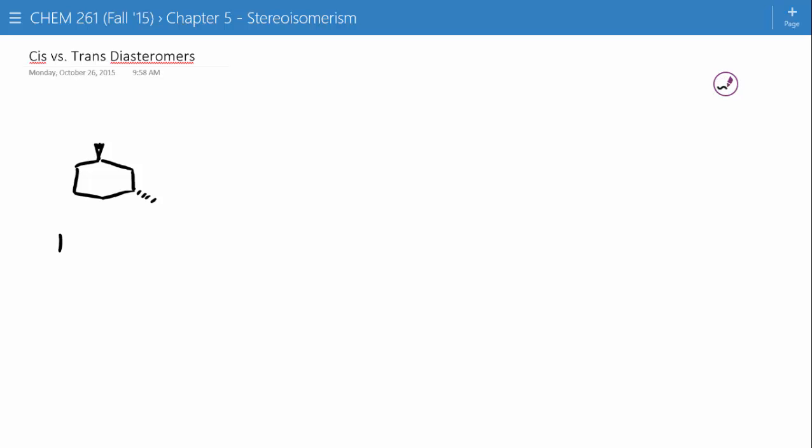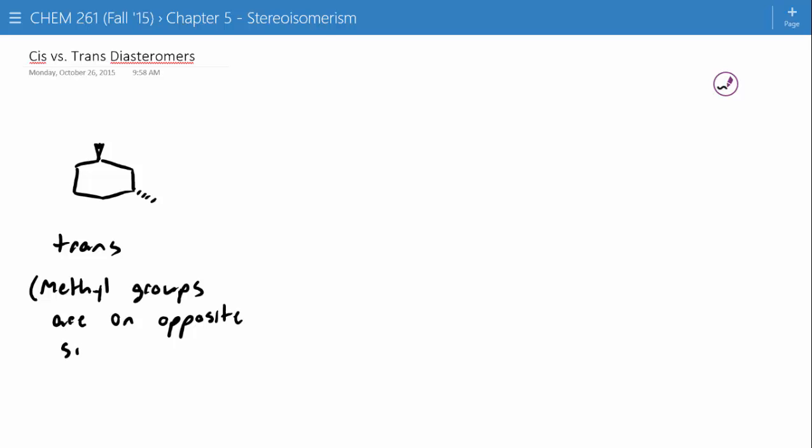Trans. The easiest way to remember is that the methyl groups are on opposite sides. One methyl group is sticking towards us, the other one's sticking away, so they're on opposite sides of the ring.